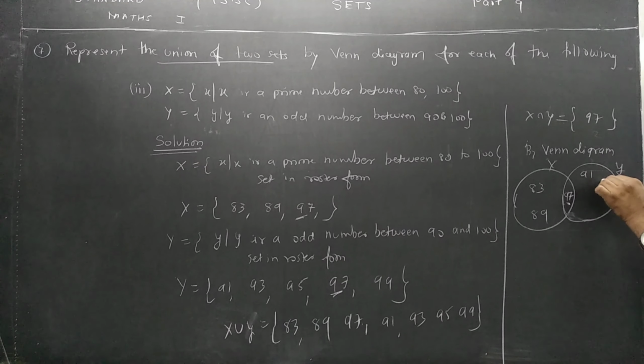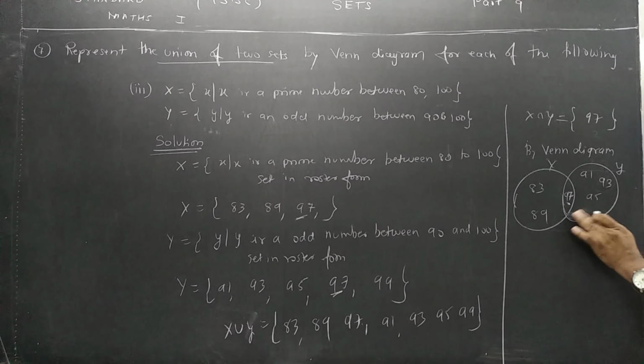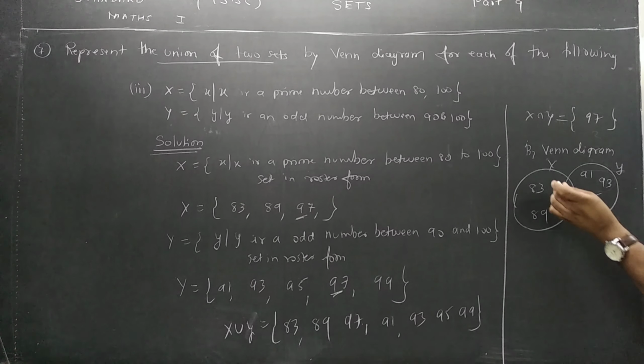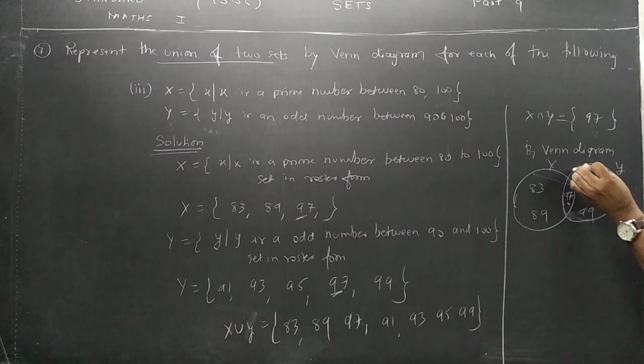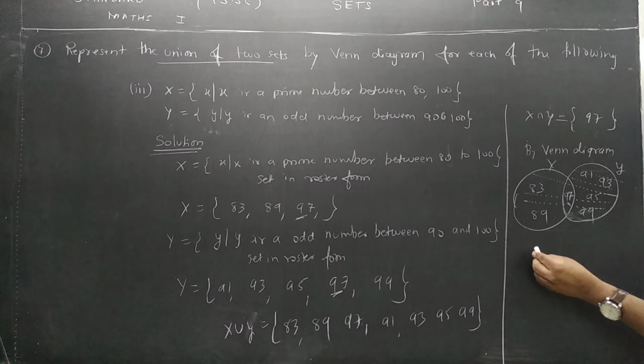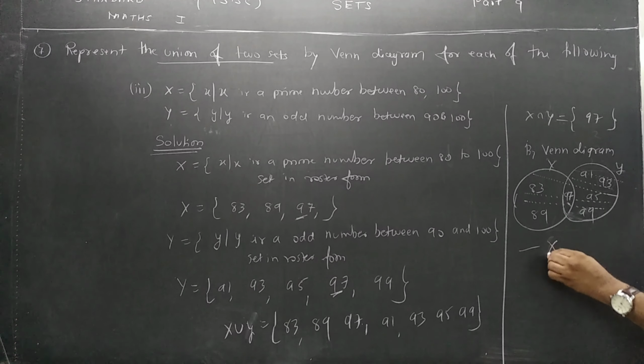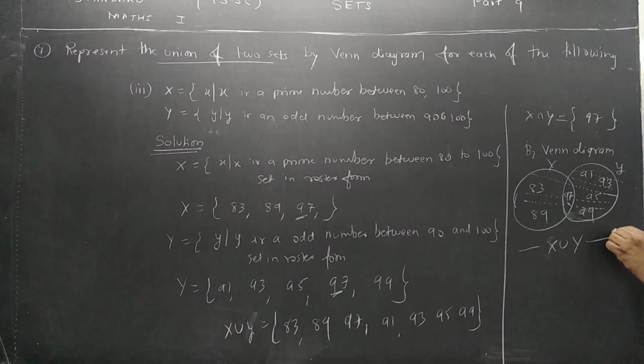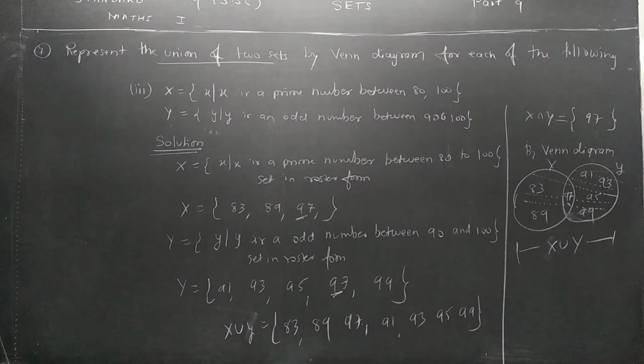Then you have 91, 93, 95, 97 and 99. You are going to draw a dotted line if you like. And this entire thing will be called as what? X union Y. Have you understood properly? Copy down by pausing your video.